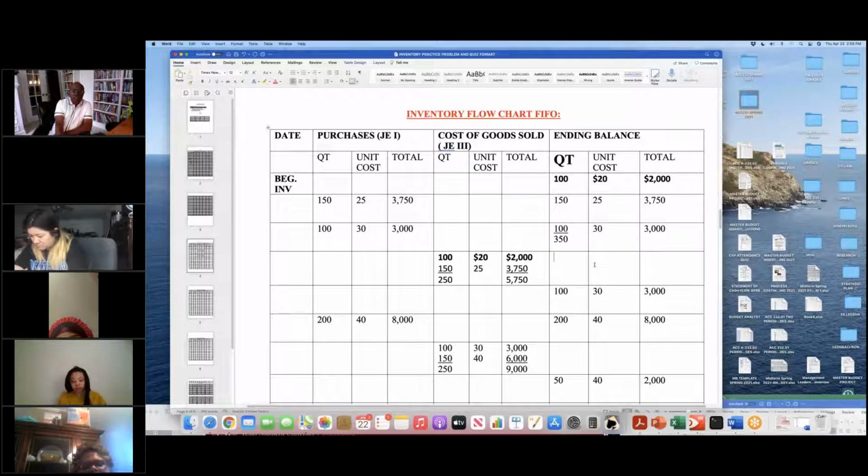And because we're using FIFO, we're always going to sell the old ones first. So in the first sale, we sold 250. We had 350, so we sold this 100 and this 150.